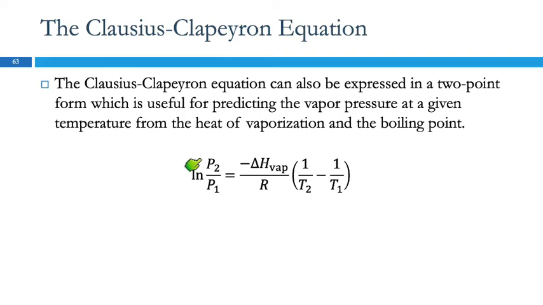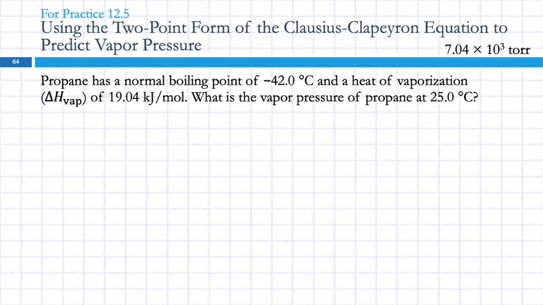So natural log of pressure 2 over pressure 1 is equal to that same slope thing times 1 over T2 minus 1 over T1. There could be an exam question that uses this equation, but the equation is on the useful information sheet. So that's not something you should clutter your brain up with. We're going to need it, so I'm just going to write it out here so we don't forget.